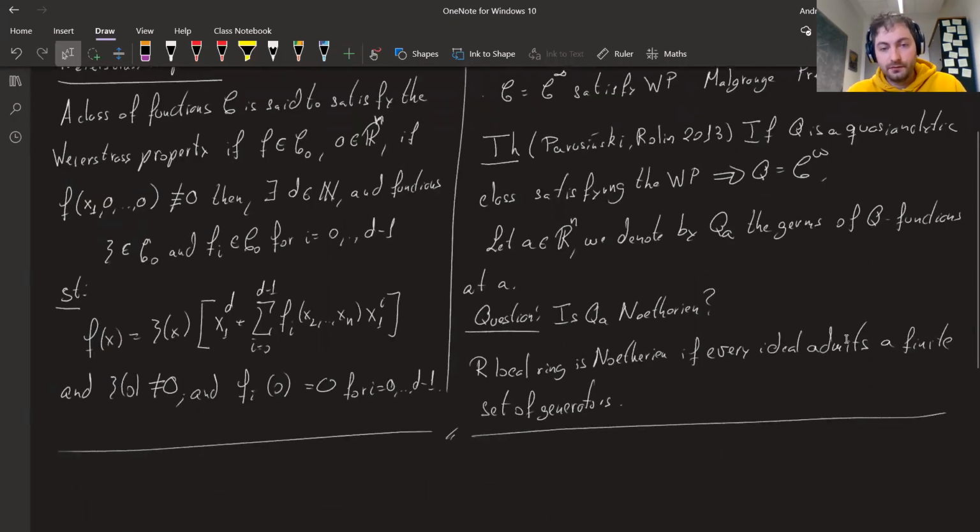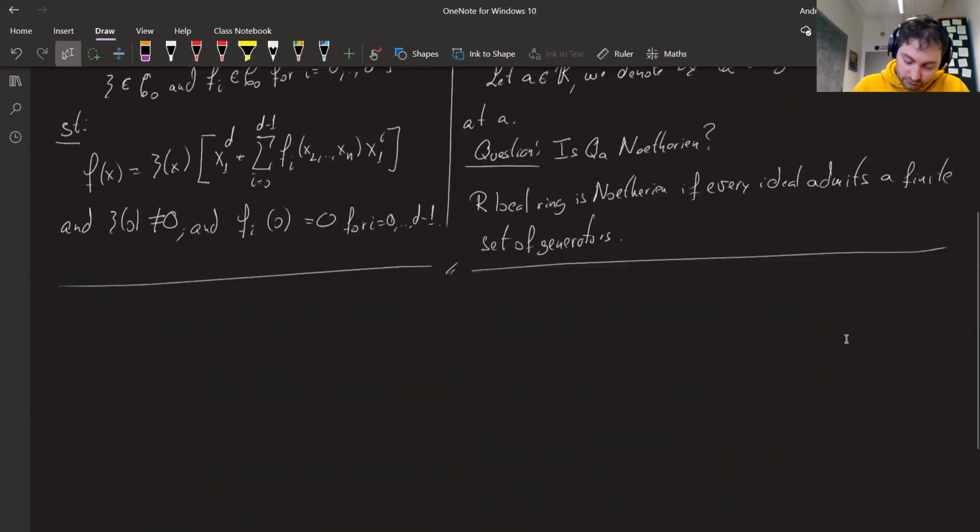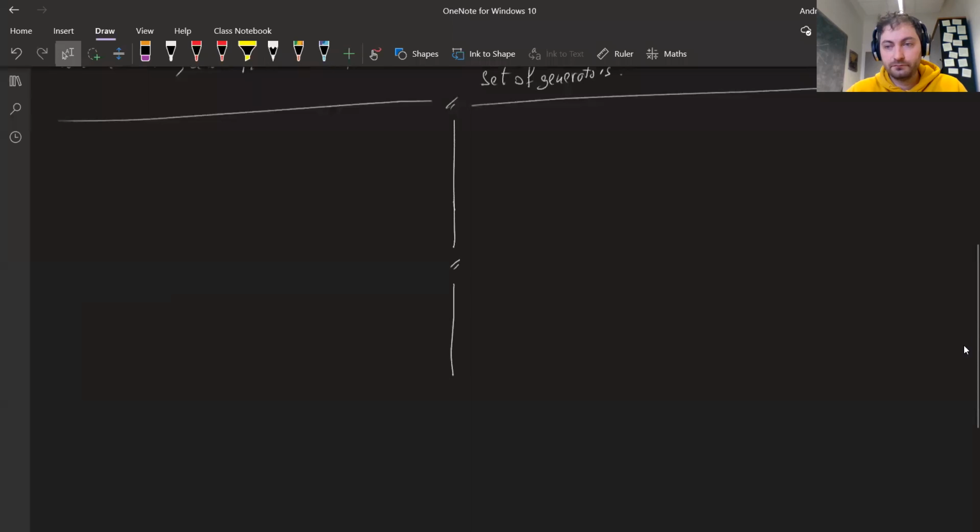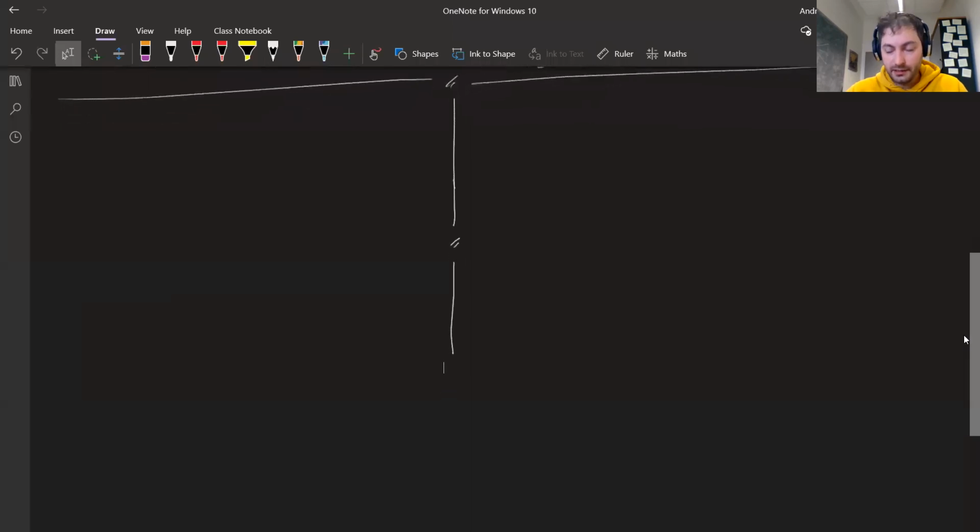Okay. So now I wanted to set up some of the objects that are going to appear later on for the statement of resolution of singularities. I wanted to start by defining what a blowing up is, but I wanted to be clear about what the objective here is.